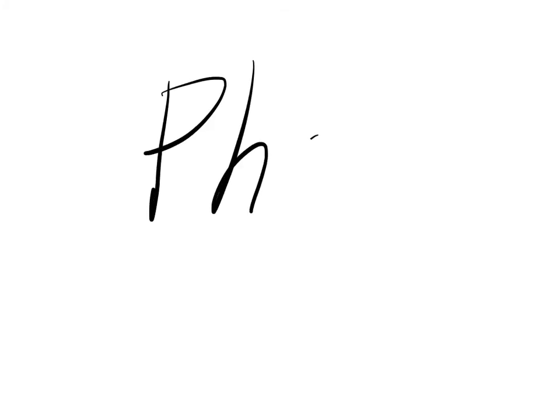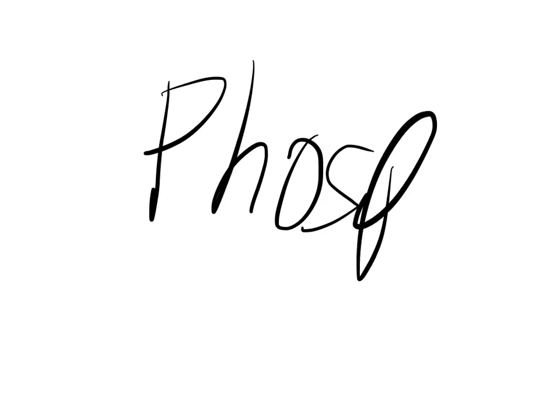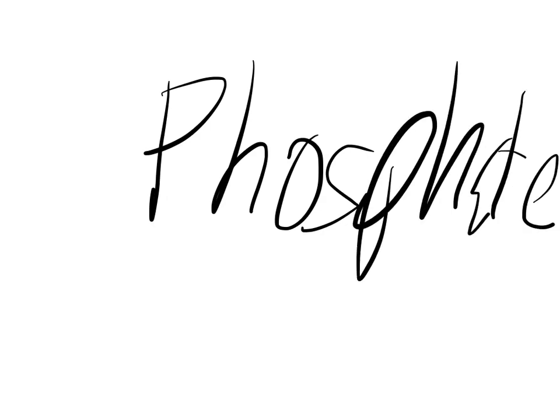Now, phosphate is a polyatomic ion. Its symbol is PO4 minus 3. That means that it has a negative 3 charge. Titanium has a plus 1 charge.